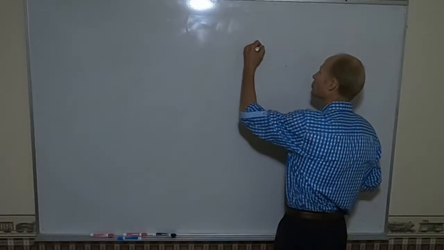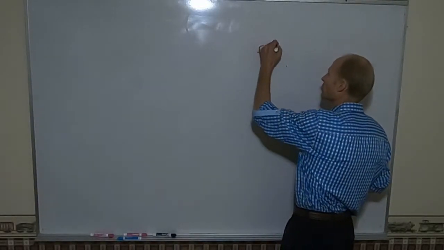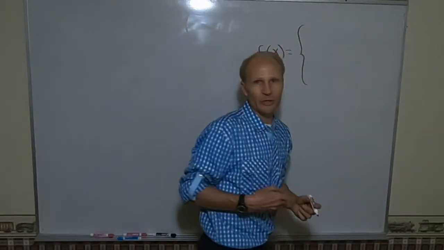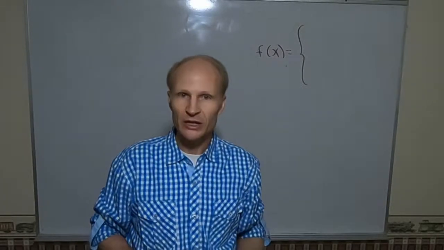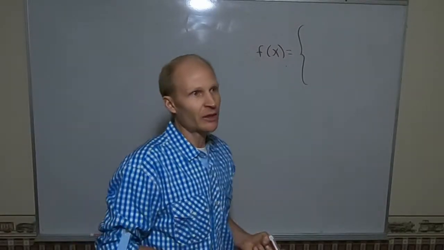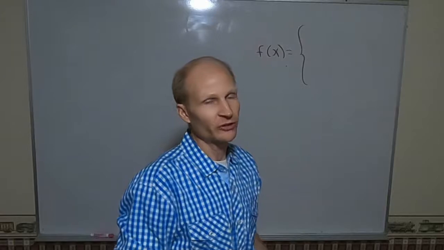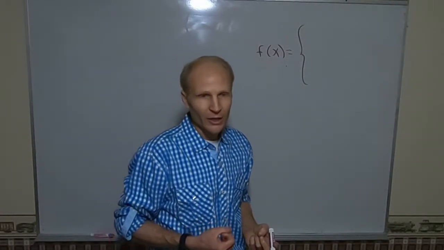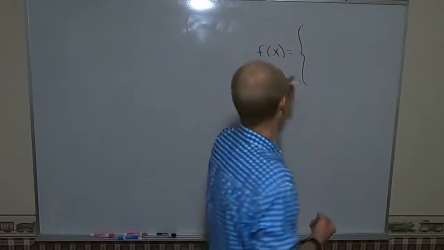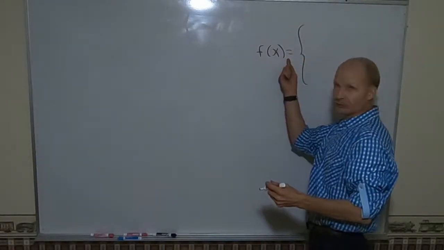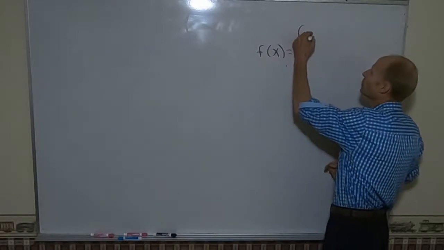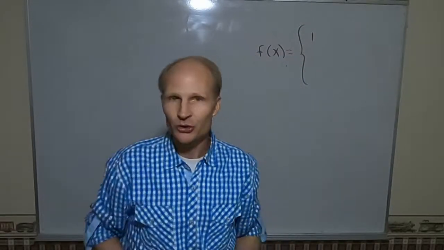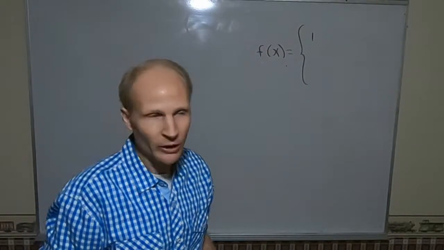Let's say we have the function f of x equals, and let's have our piecewise function consist of three different functions. I'm going to say that my first function is just a simple flat line, and we'll call that line y equals 1. So y equals 1, but only from negative infinity up to x equals negative 1.